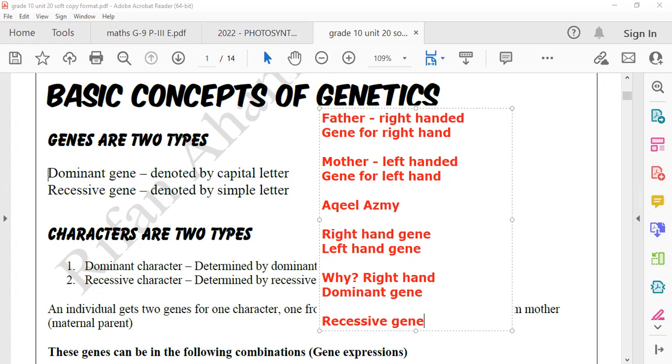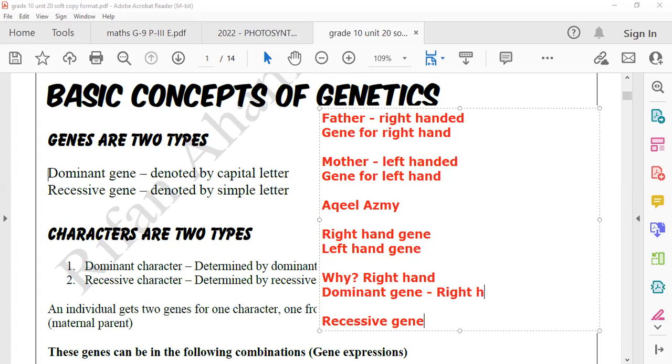Yes, sir. The feature decided, in the case of Akil Azmi, what is the feature decided by the dominant gene? Right-handedness or left-handedness? Tell me. Right hand.